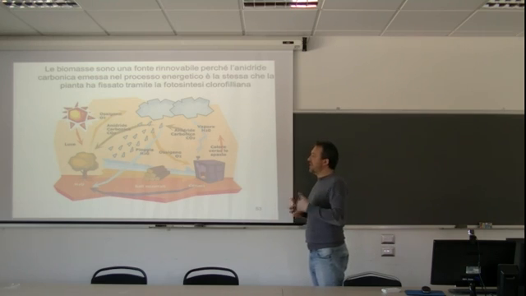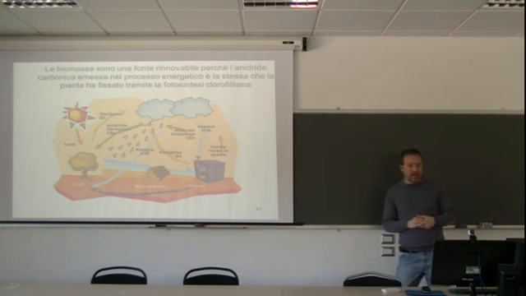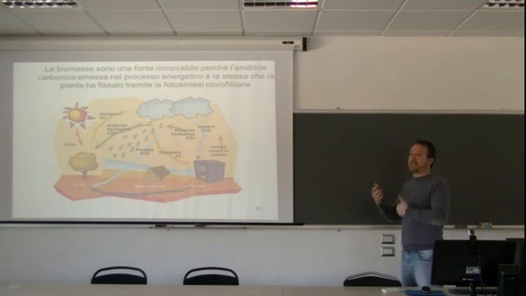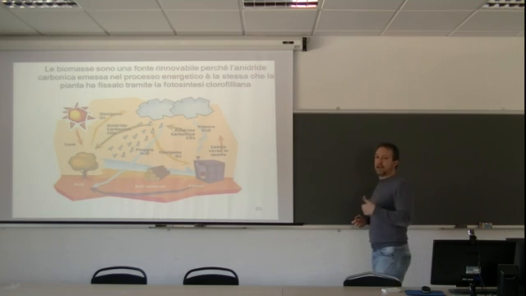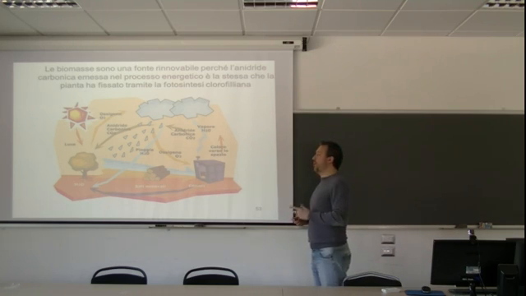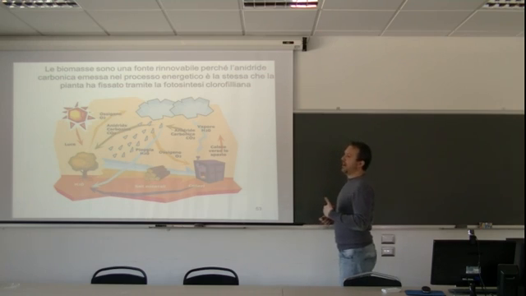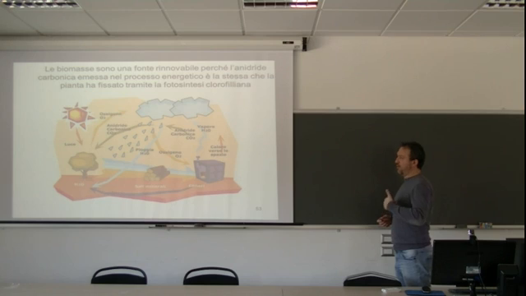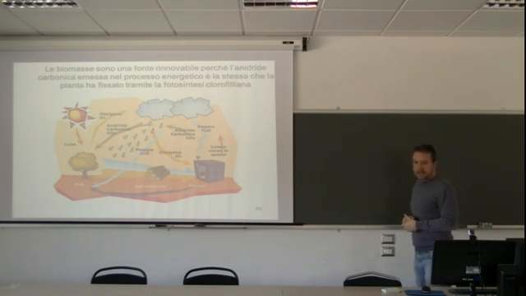The reason for a zero balance is that the carbon dioxide we produce and that goes to the atmosphere is the same carbon dioxide that the plant used during its growth. So if we respect the growth cycle of the plants, we can consider a zero balance.